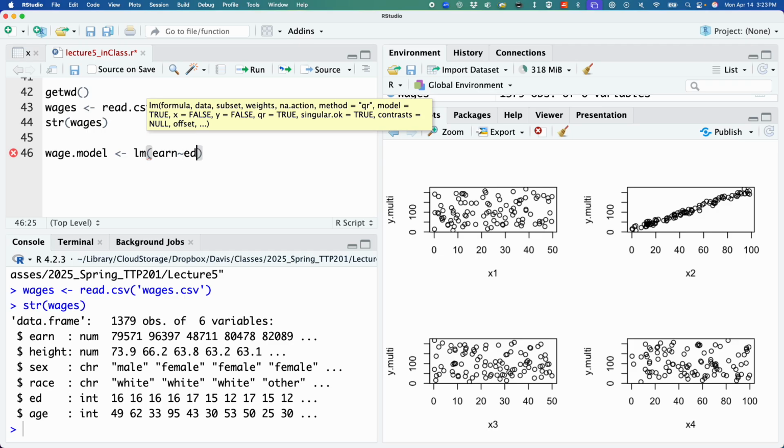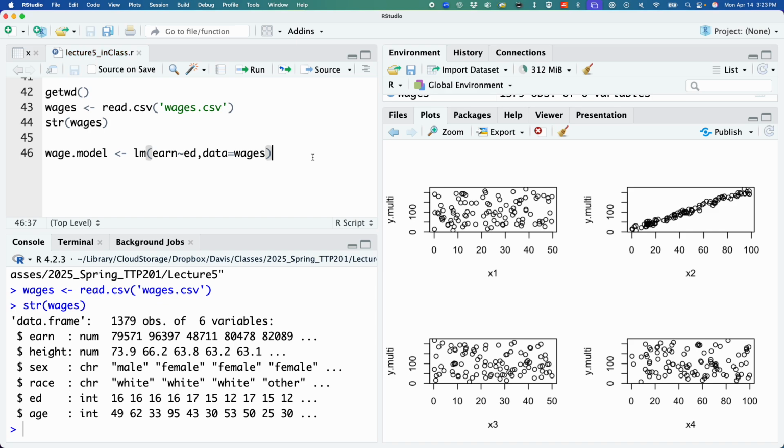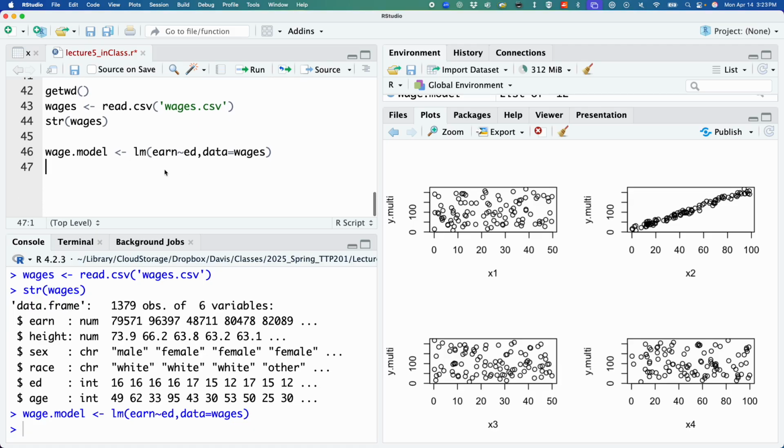Let me start with education, and let me do a summary of this wage model.